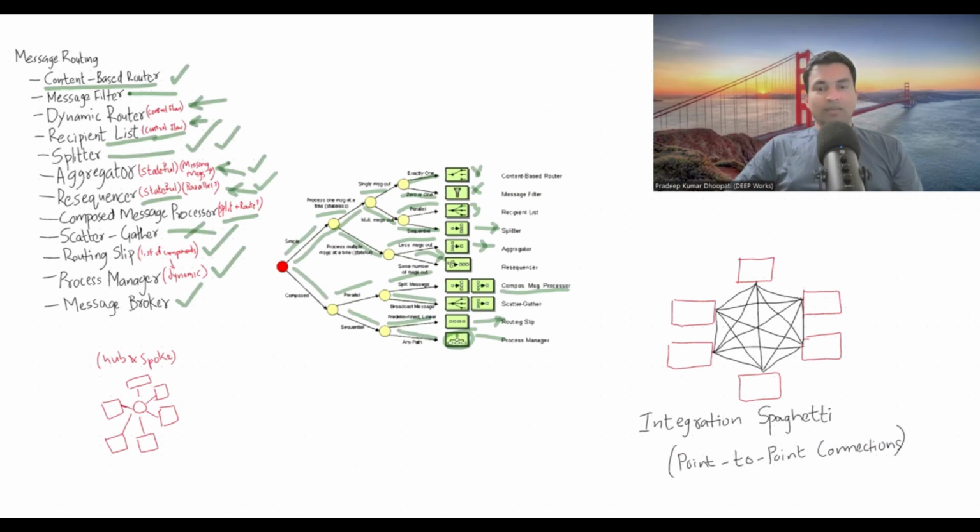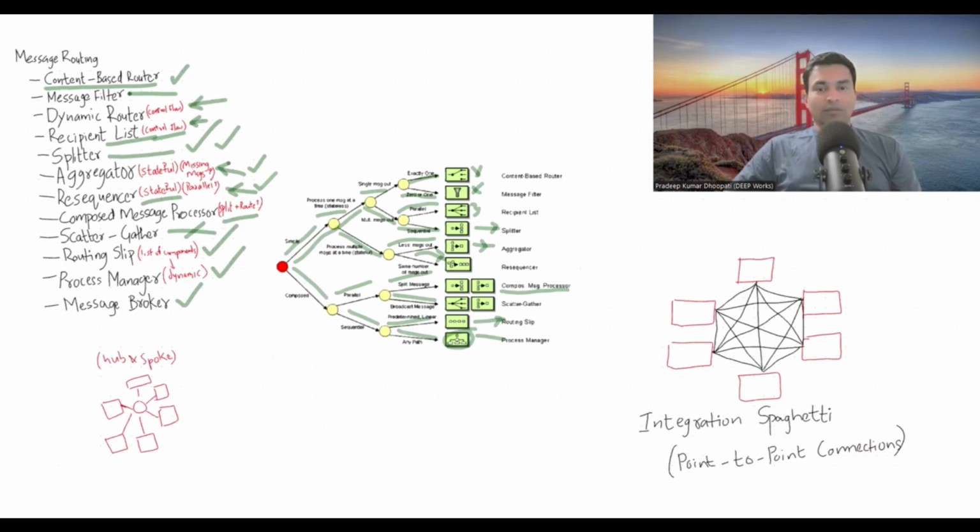And the next message routing pattern is resequencer. If the business demands that you have to process the messages in the same order it received, then a resequencer might be useful to resequence all the processed messages, because in aggregator, if you choose to do parallel processing, then you do not have control on the sequence of the flow or sequence of the messages.